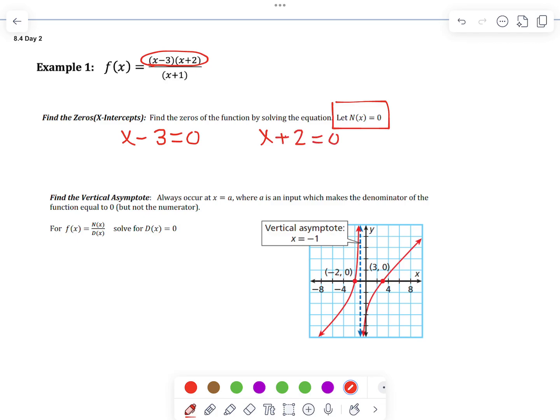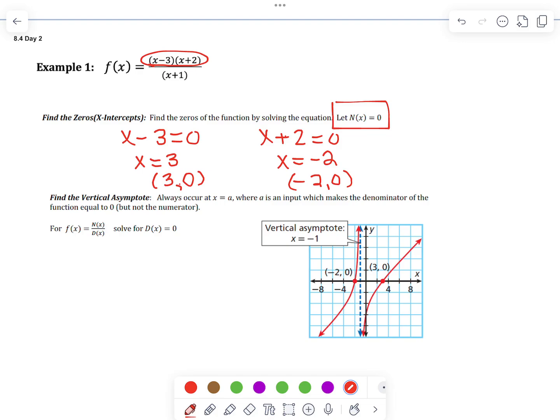And then we solve them for x. So we add 3 to both sides. So we get x equals 3. So as an x-intercept, it's (3, 0). The second one, we're going to subtract 2 from both sides. So we get x equals negative 2. So as an x-intercept, it's (-2, 0).